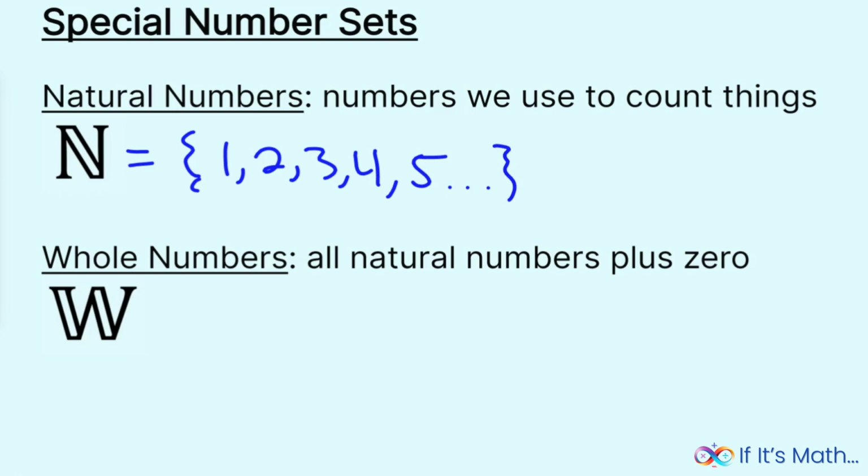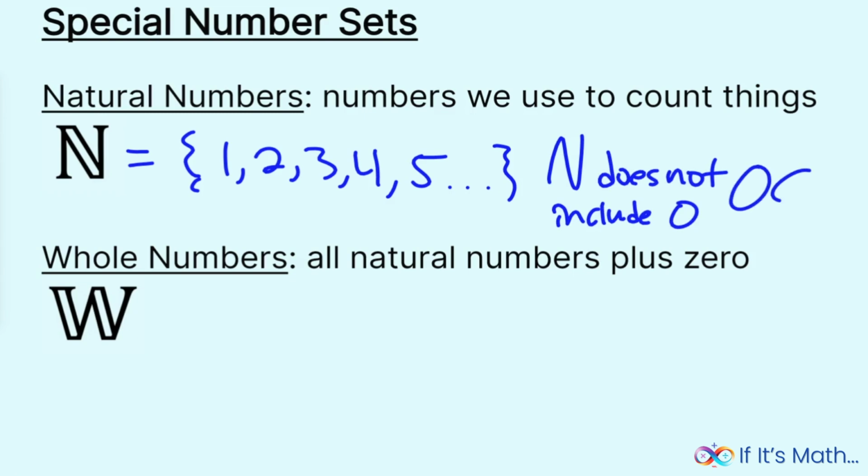So just the numbers that we use to count does not include 0. So that's an important one to remember because that's what another set is. So N does not include 0. Or another way to represent that, remember, is that 0 is not an element of N.